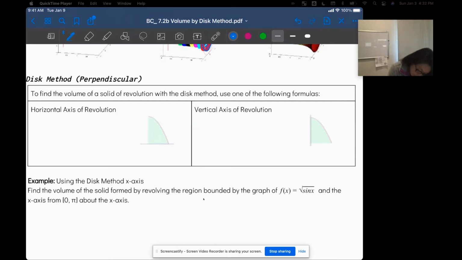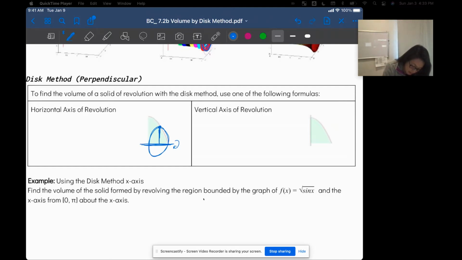I'm going to call my axis of revolution the toothpick. I'm going to cut the curve perpendicular to the axis of revolution, so that when I turn the toothpick, it makes a circle.